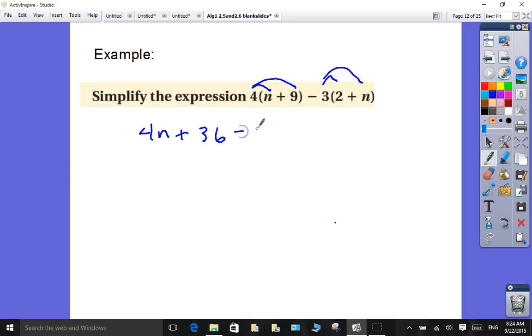Okay, that's negative, minus 6 and minus 3n, right? So negative 3 times n is negative 3n.